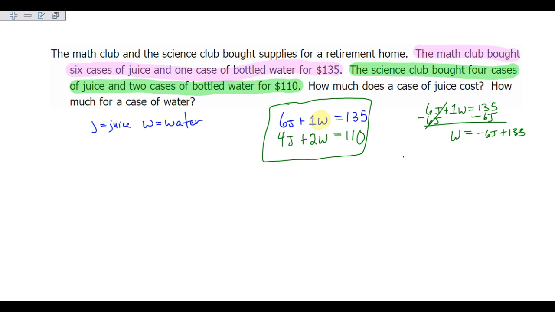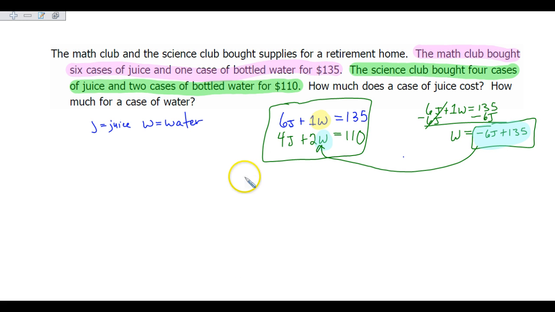Then I can plug that in. As you know from substitution, if I know that this stuff right here is equal to W, then in the other equation, wherever I see a W, I can plug that stuff in. So this is the same as a W, so I could put it in right here instead of W. I'm going to make a substitution right there since they're equal.